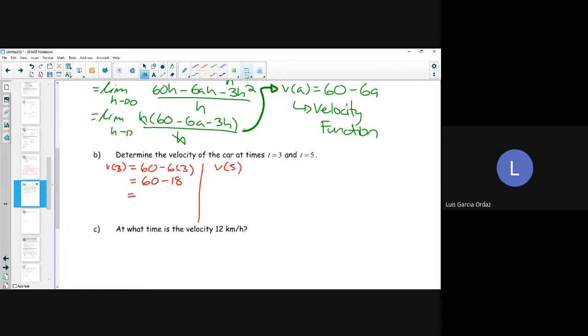So my velocity, where t is equal to 3, is going to give me 42 kilometers per hour. And my velocity, where t is equal to 5, is going to be 60 minus 6 times 5, which equals 60 minus 30, which is going to give me 30 kilometers per hour.